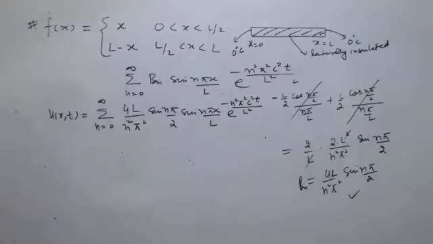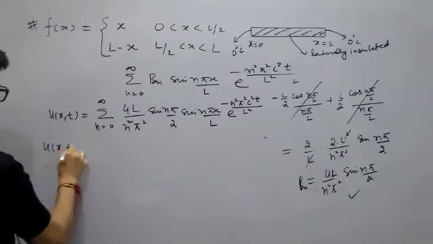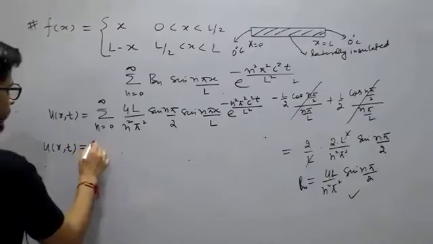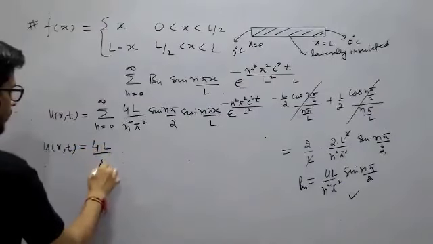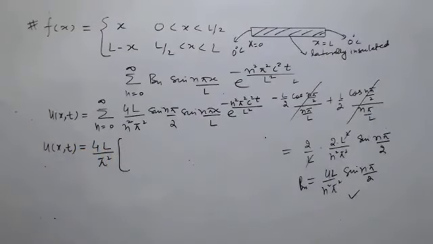So this is the solution that we have got. If you want to see how this looks, you can write it in the form of an infinite series. That will be 4L by pi square into. So the first term is when your n goes to 0.